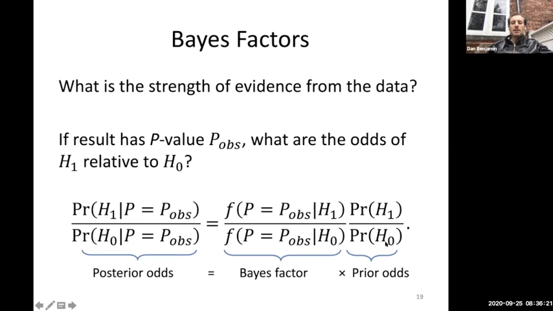And I want to highlight the same thing I highlighted earlier about the rejection ratio: even though this is a Bayesian approach to interpreting things, our focus is going to be on the Bayes factor, and that doesn't depend on the prior odds. Whatever the prior odds are, the Bayes factor is a way of thinking about the strength of the evidence. It's telling you how much you should update your prior odds to your posterior odds, but itself doesn't depend on what your prior odds are.